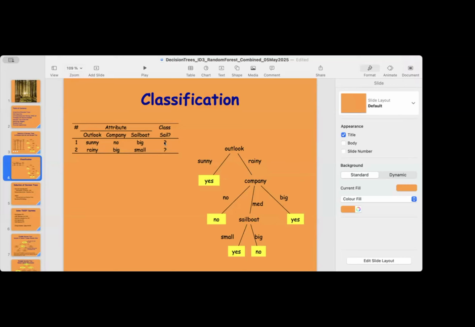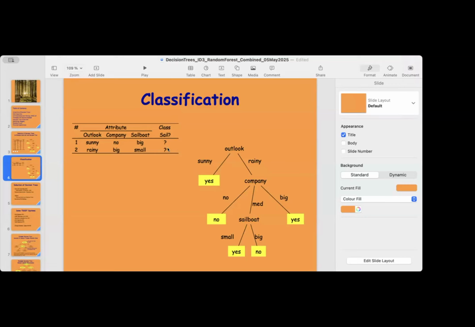Now we have a question mark here. The question is, our tree says the answer is yes. Is it really yes? Is that what we have in the data? If so, then the model got it right and it's accurate.